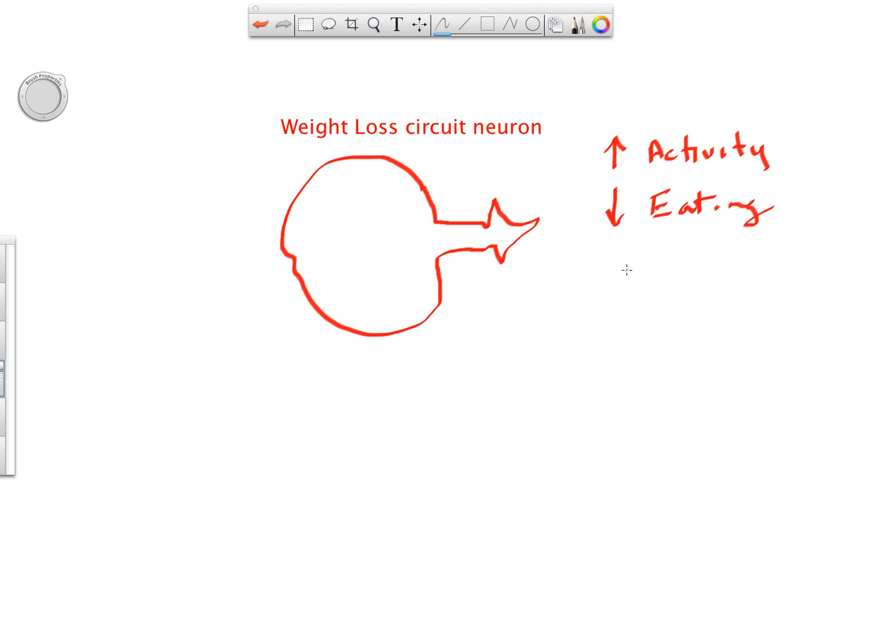What else? An increase in metabolic rate. An increase in uncoupler activity. All of these things would lead to weight loss.